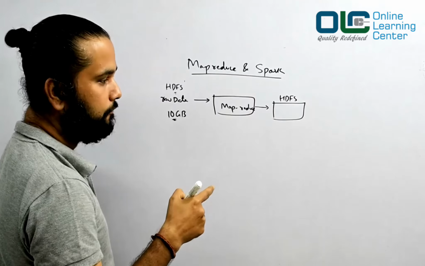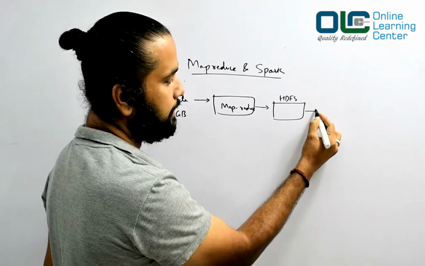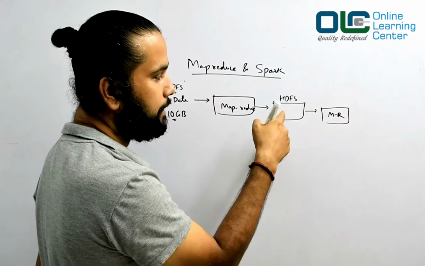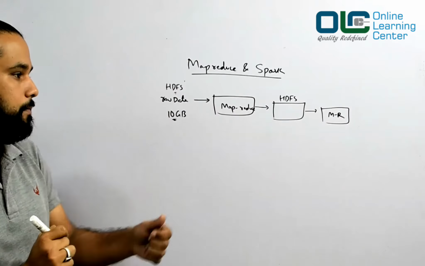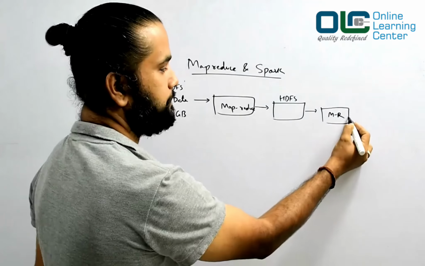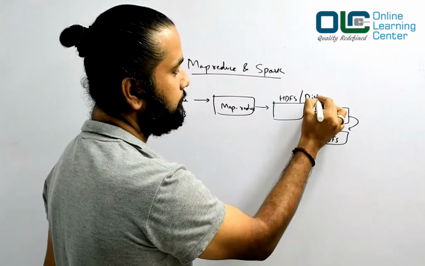If you have another MapReduce job which would again consume this data, you would write another MapReduce job, which would again read the data from HDFS, process it, and write the data back into HDFS. HDFS is basically a part of your disk.